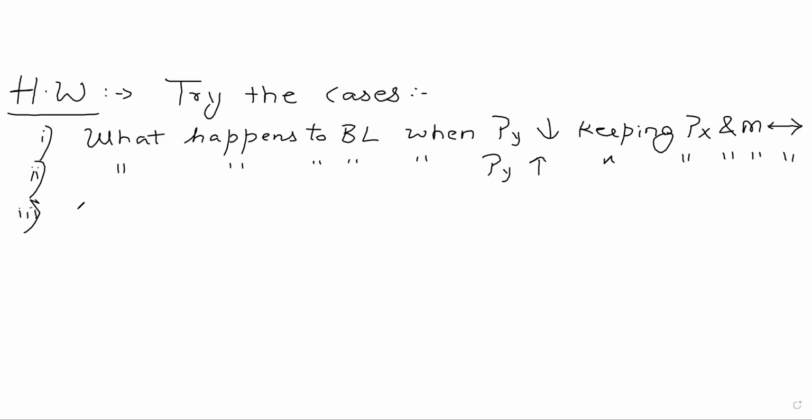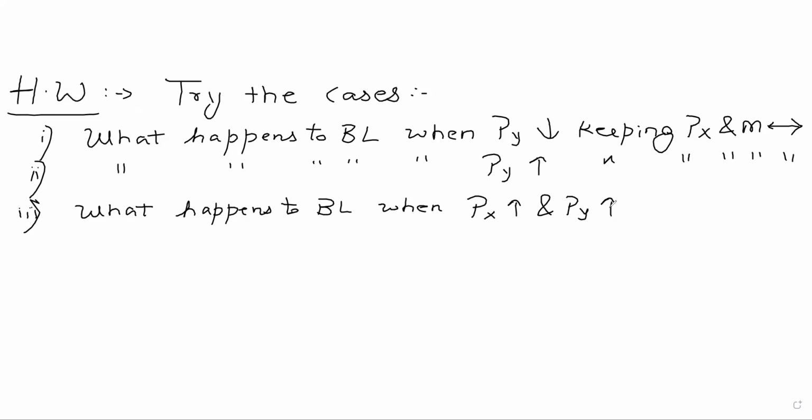Third case, what happens to the budget line when the price of good X rises and the price of good Y rises, when both the prices rise?